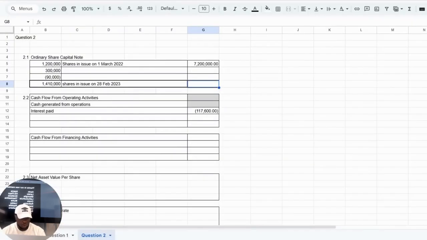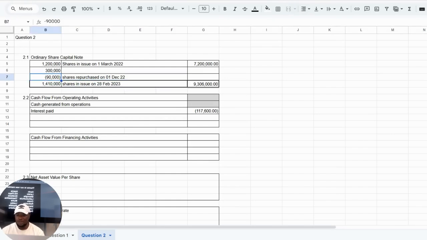So at the end of the year this is 9,306,000, and we need to figure out how much came in from the shares issued, and how much came out as a result of the shares repurchased on 1 December 2022.